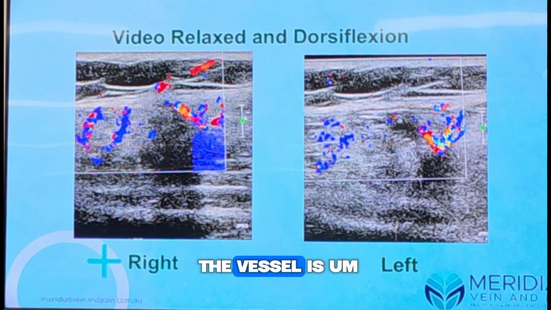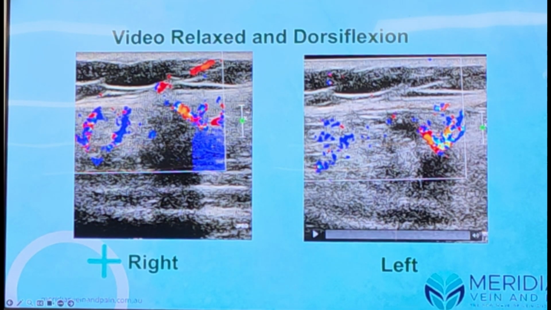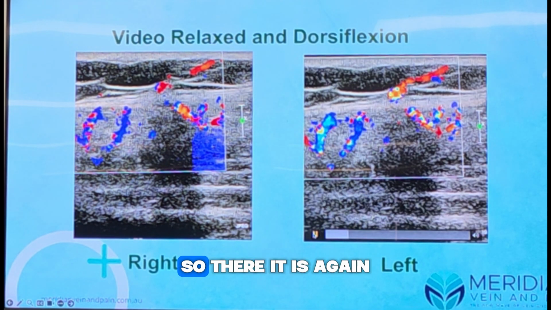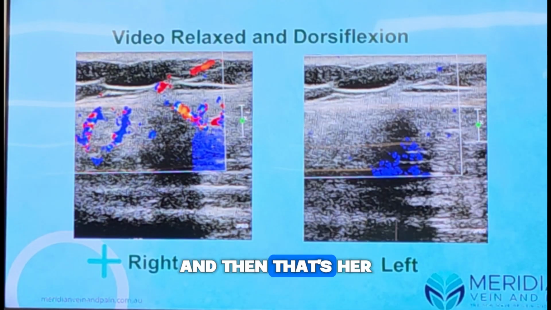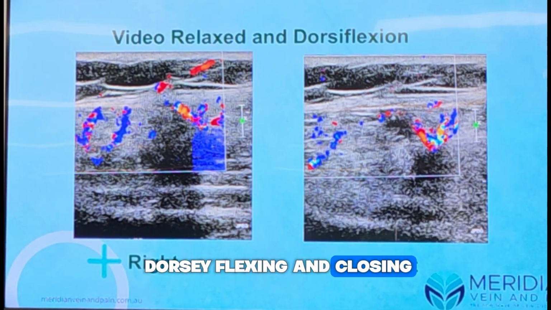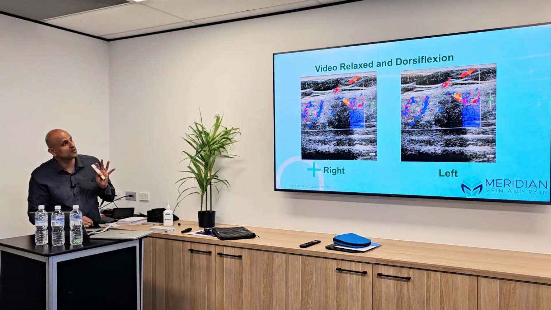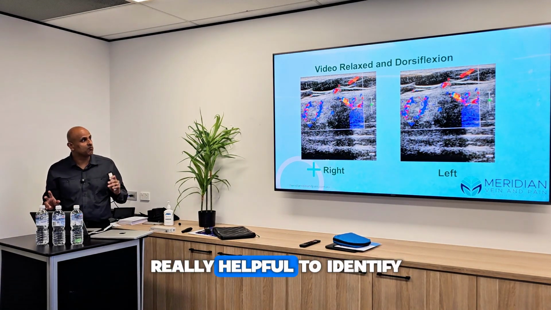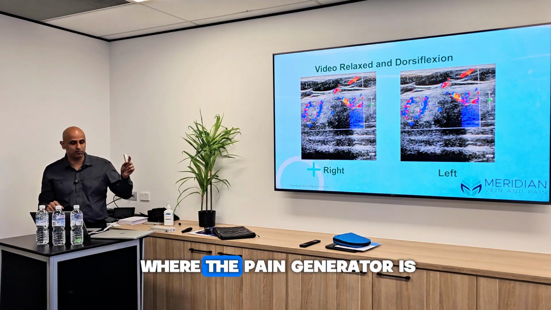You can see how the vessel is starting and stopping. So there it is again, and then that's her dorsiflexing and closing and then relaxing, and it's opened up again. So that's where ultrasound can be really helpful to identify where the pain generator is.